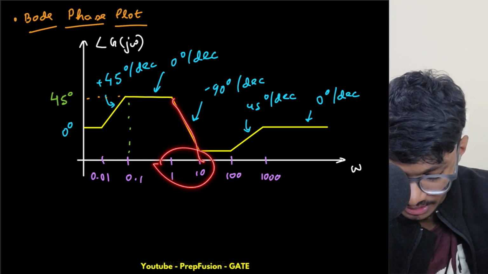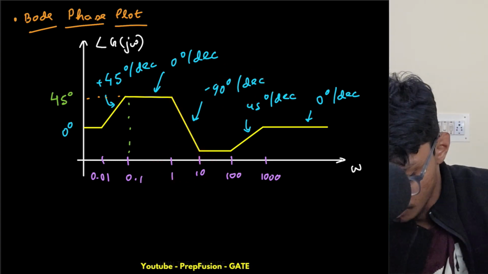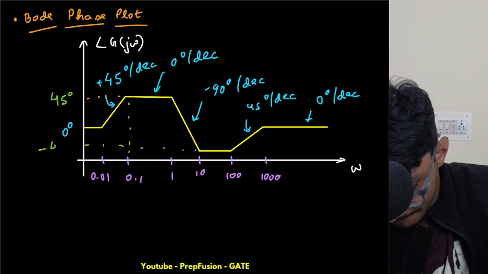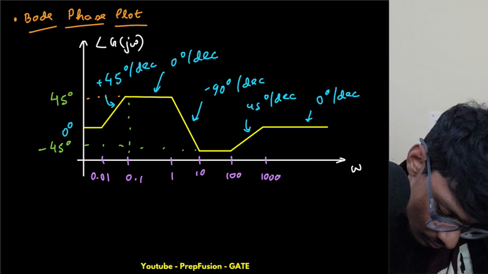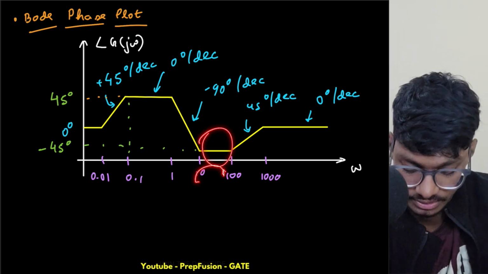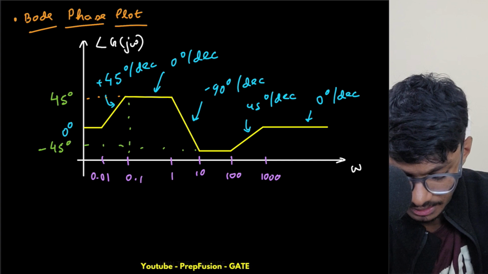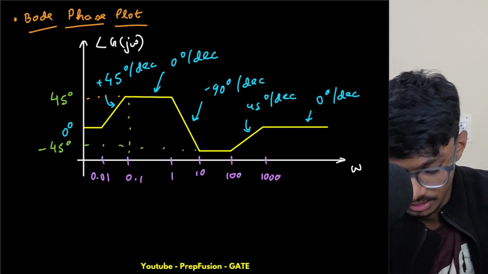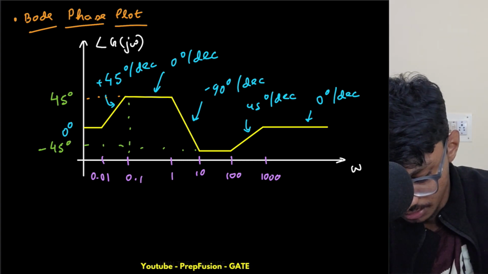So it moves one decade and it has to move minus 90. So from plus 45 it will go to minus 45. Then what is happening? Then 10 times after this the slope is again 0. Then 10 times after this the slope is again plus 45 degree per decade. So it will go to 0 degrees again.